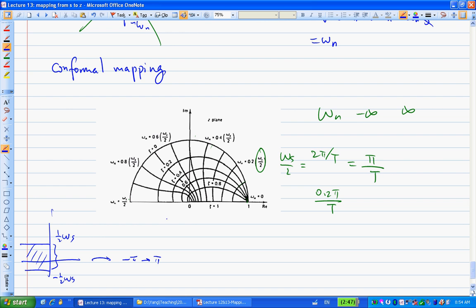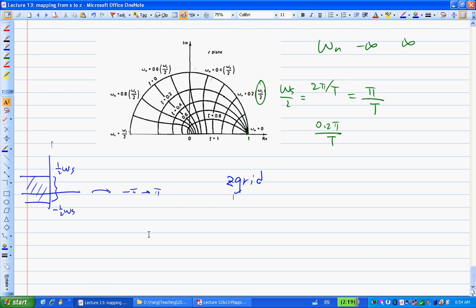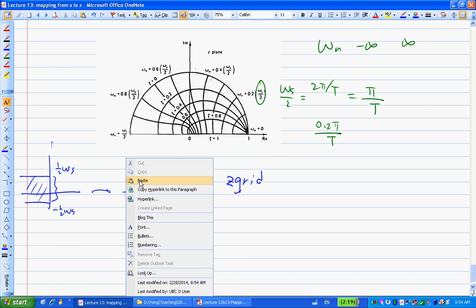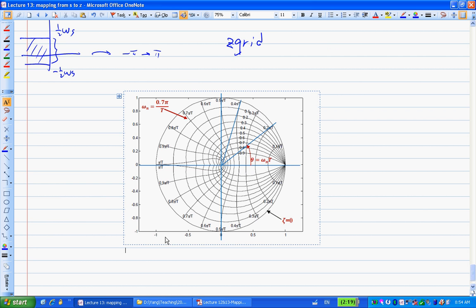Now, when we do MATLAB simulation or programming, MATLAB has a command called zgrid. This zgrid will generate a plot like this one here.